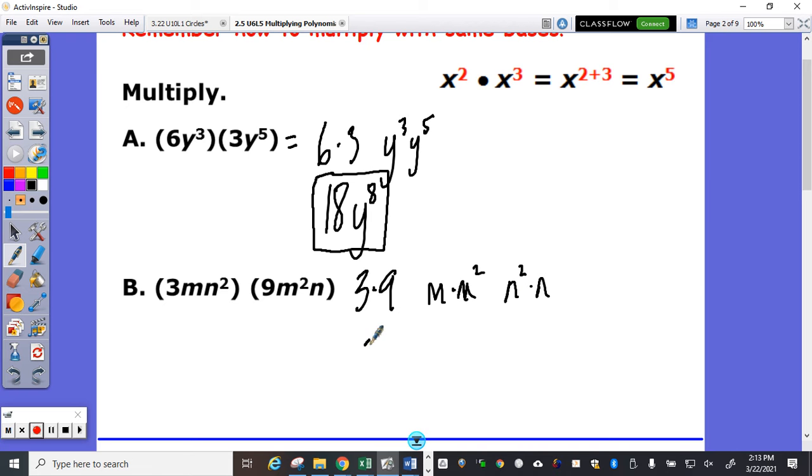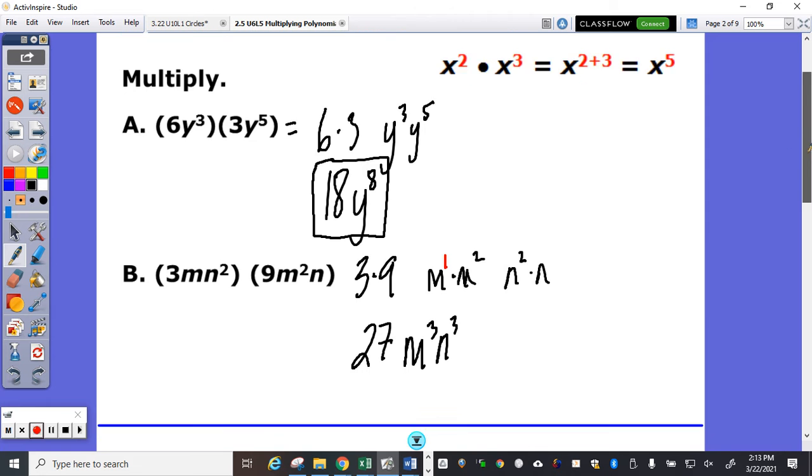So I have 27. What is m times m squared? M to the third. Because you have to remember that if I don't have an exponent up here, we assume that it's 1. Okay? And then n times n squared is what? N to the third.